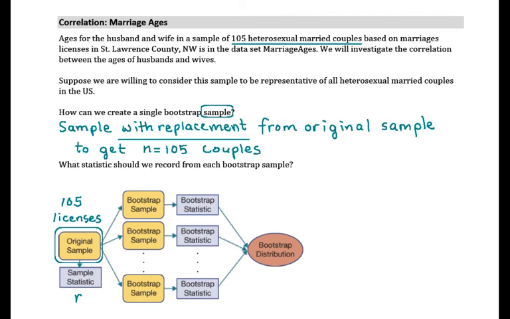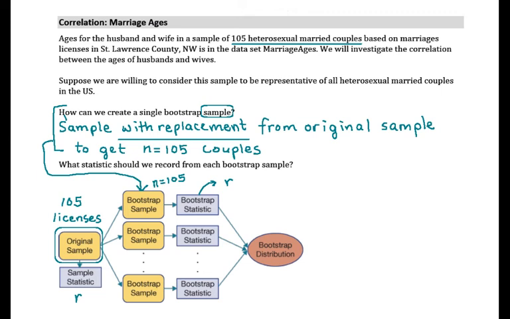So now from my original sample, I get my bootstrap samples. That's this process here, describing how I get these bootstrap samples. Each of these is sampling with replacement, so each of these is n equals 105, sampling with replacement from the original sample. And then from each of those samples, I calculate that bootstrap statistic R again.